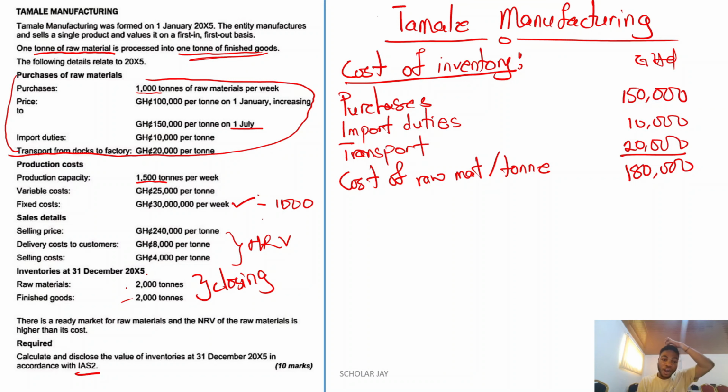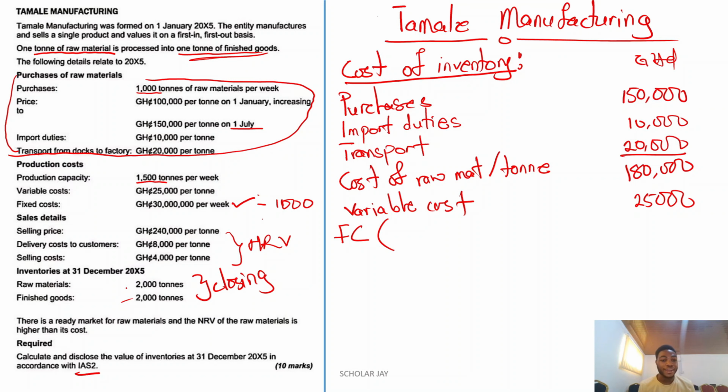Okay. Now, the production cost. They mentioned that variable cost was 25,000 per ton. We don't know the makeup of that variable cost, but we know that if you are converting raw materials to finished goods, there are some variable costs in the cost of conversion. So the variable cost of 25,000 should be added. And you agree? Then we have fixed cost. Do you remember I said we are supposed to divide the fixed cost by 1,000 tons?